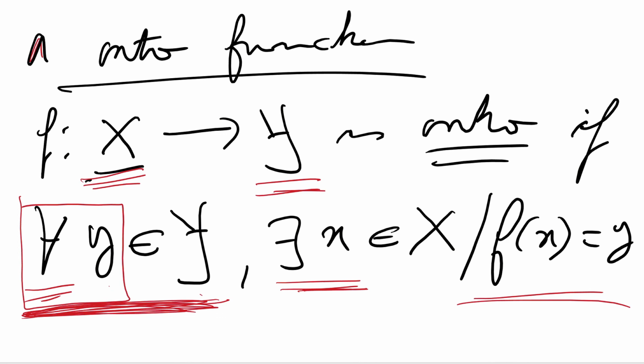So for example, I'm going to give an example on how to show that a function is onto. Let's consider the function f.